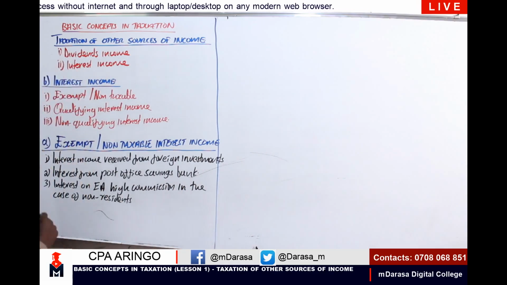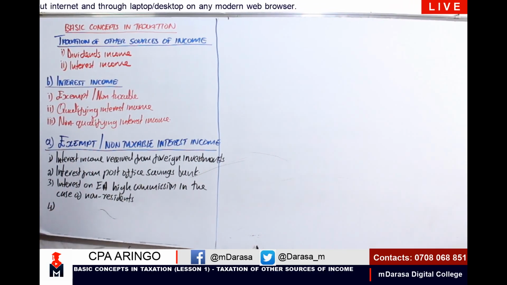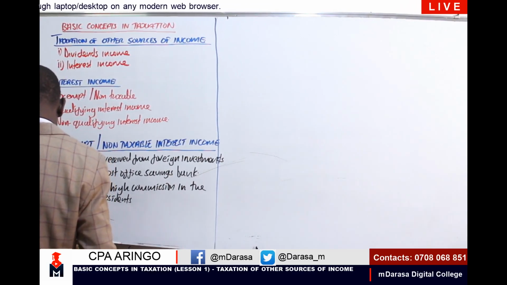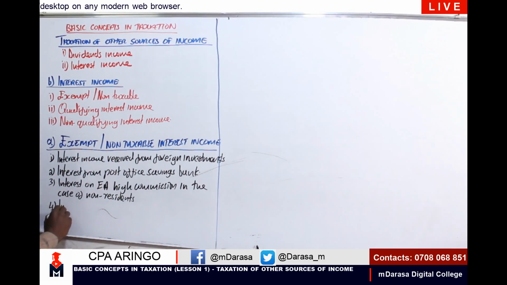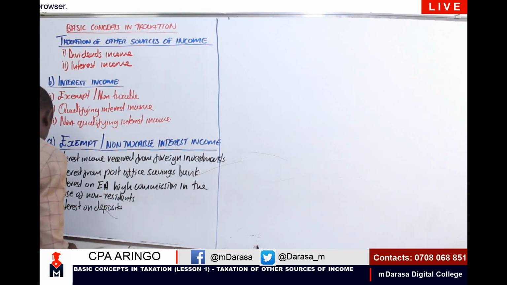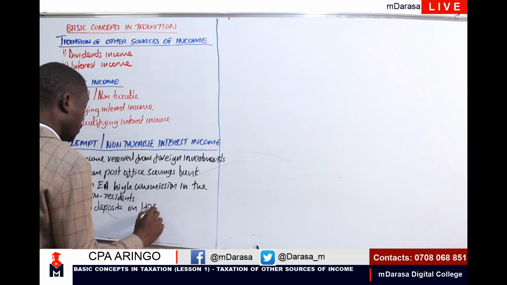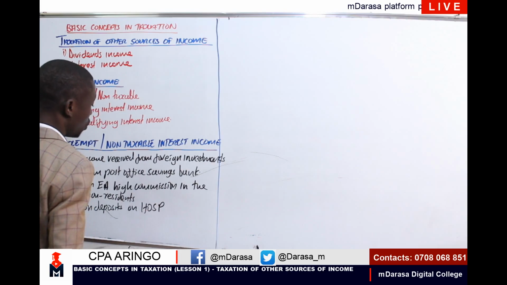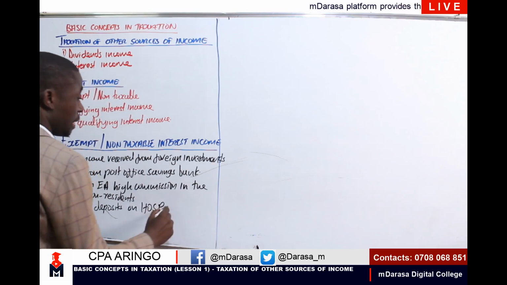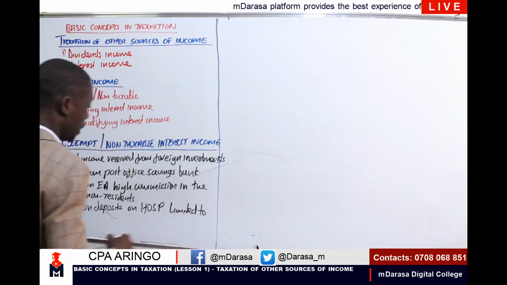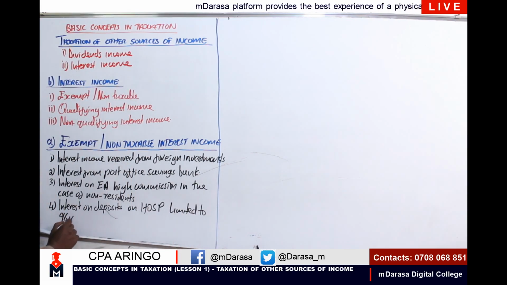Talk about number four, interest that we should always be having at the back of our mind here. We normally tend to talk of interest on deposits on home ownership savings plan, HOSP, limited to, currently, 96,000 shillings.